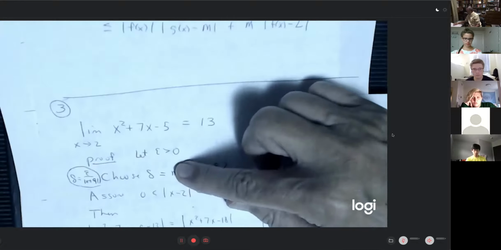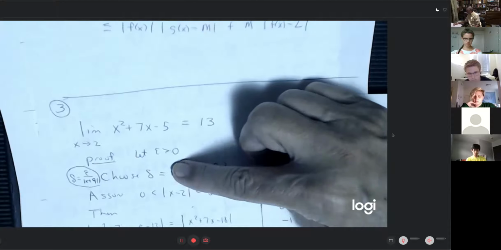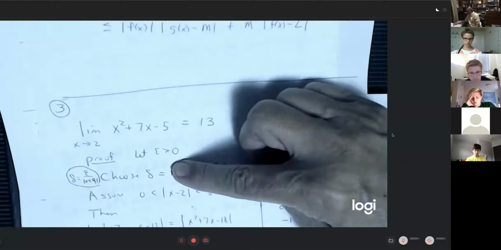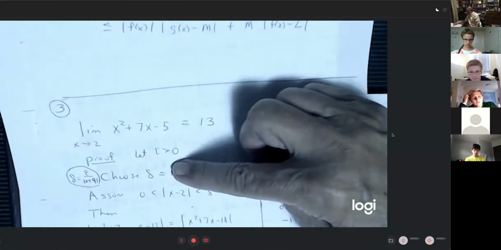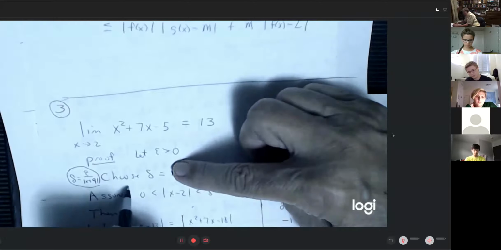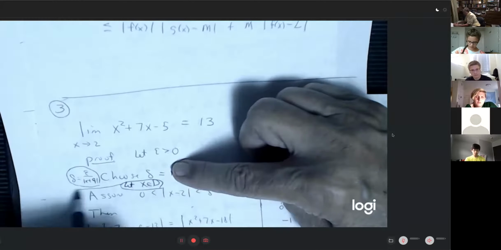Now, what I hope you'll notice in the logic of the proof, when do I choose x? If you remember, it says for every epsilon greater than 0, there is a delta greater than 0, such that for every x in the domain, that's when I choose x. I choose x right here. Let x be in the domain. This is where I choose the x.